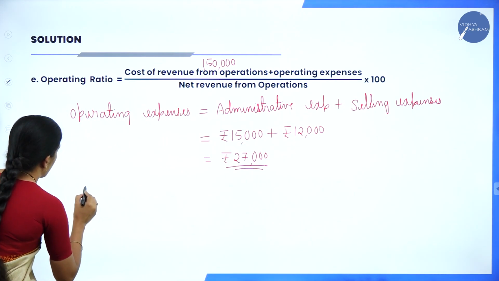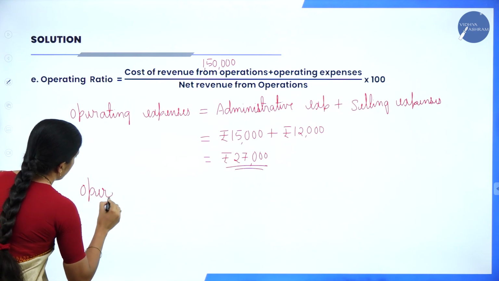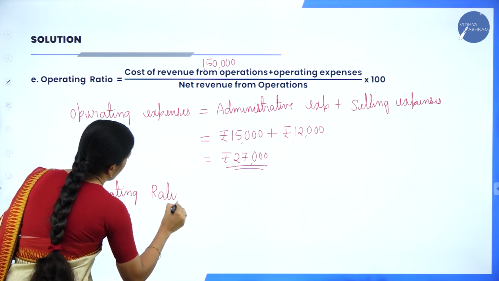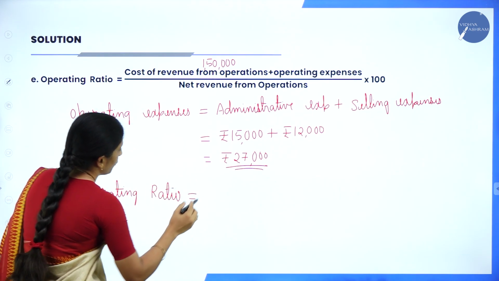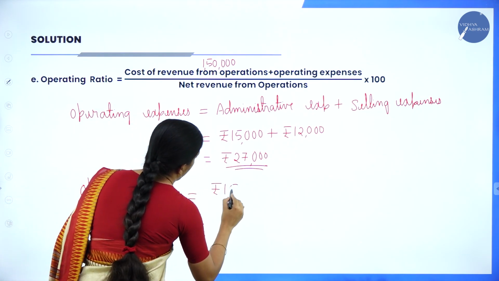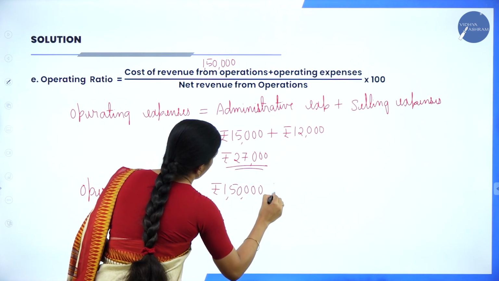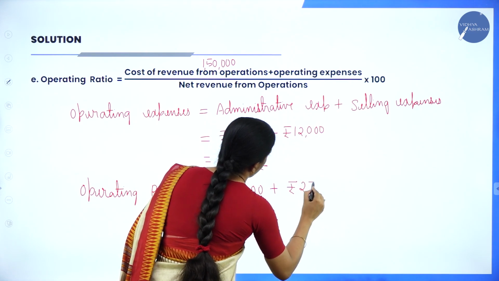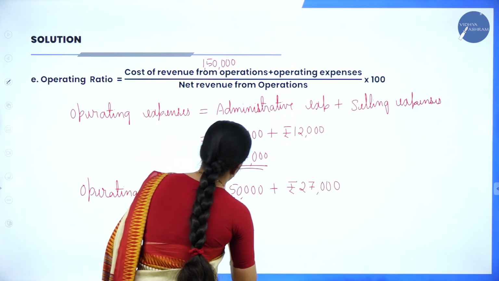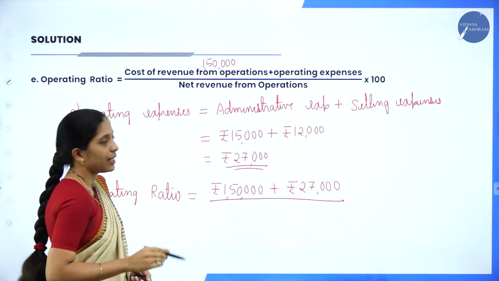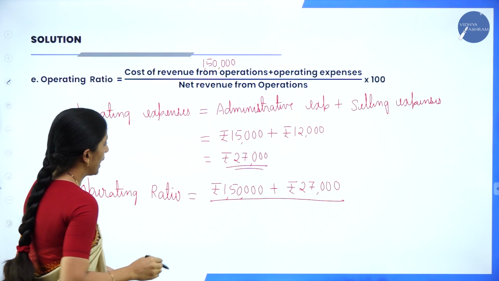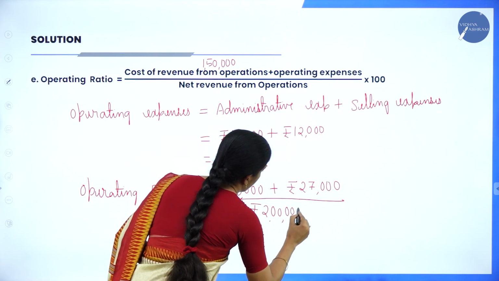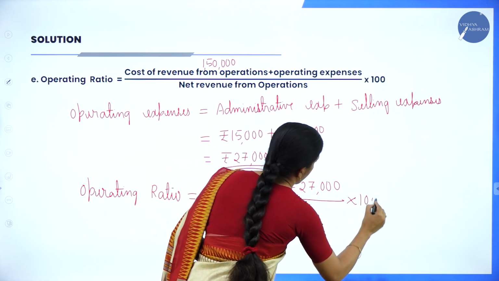Now we have to apply the formula. Operating ratio is equal to cost of revenue from operation, rupees 1,50,000, plus operating expenses, rupees 27,000, divided by net revenue from operation, that is 2 lakh rupees, into 100.